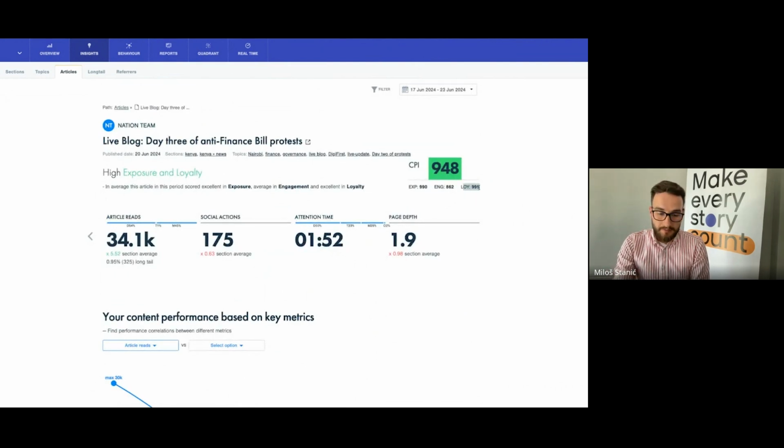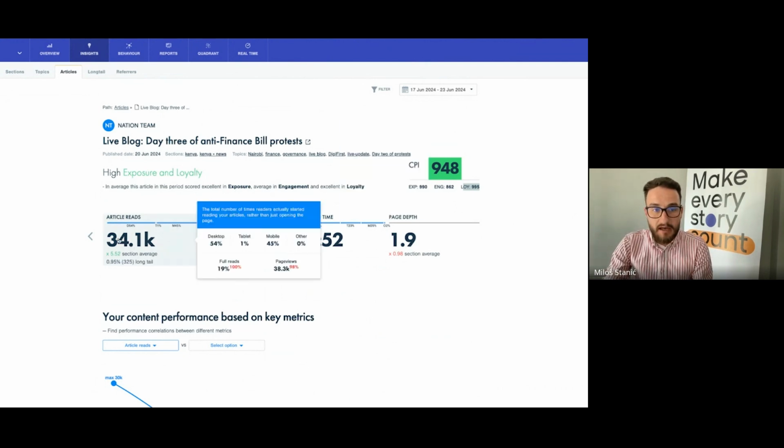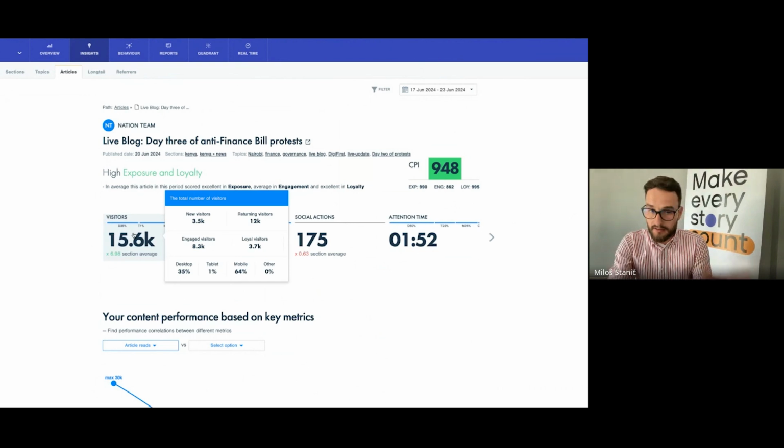Loyalty tells you how this piece of content appeals to your habitually highly engaged readers. So, people who are at your website often, and when they come, they read attentively. So it's a cohort of readers, super fans. Those are the people who will most likely become your subscribers. We have them throughout the system. For example, here, the loyal visitors.